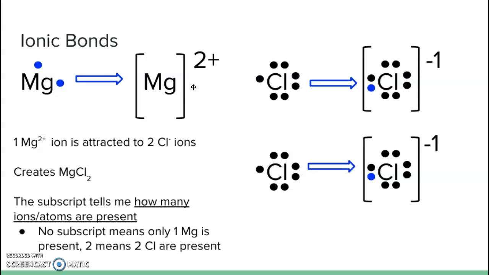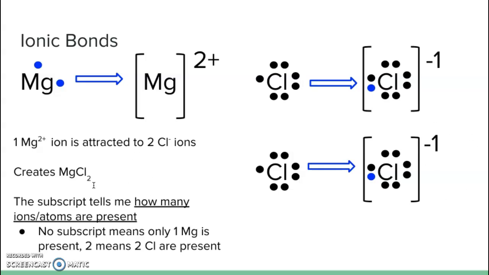Okay. This one magnesium is attracted then to these 2 chlorines, right? Because my overall charges need to equal out to each other, right? So if I have a 2+, overall I need to have a 2-, right? And I get my 2- from my 1- here and my 1- here.